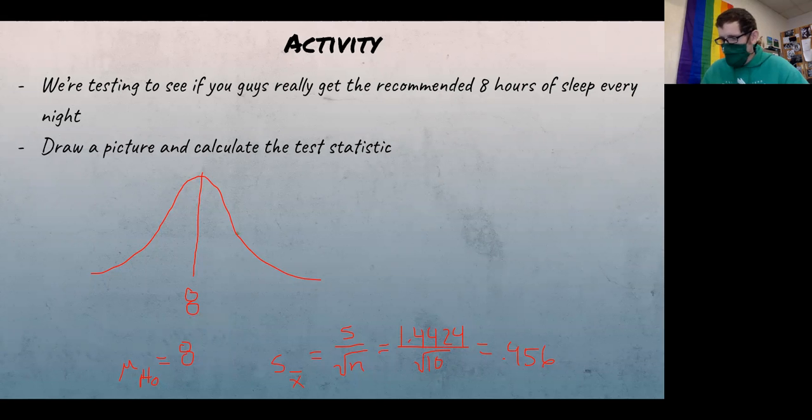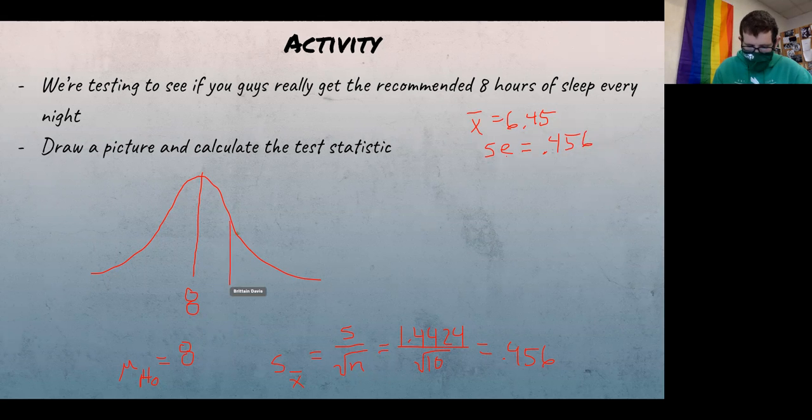Our actual mean, I forgot, I have to pull it up again. 6.45. So X bar is 6.45. And the standard error here is 0.456. All right, so the first standard error way up is going to be 8.456.